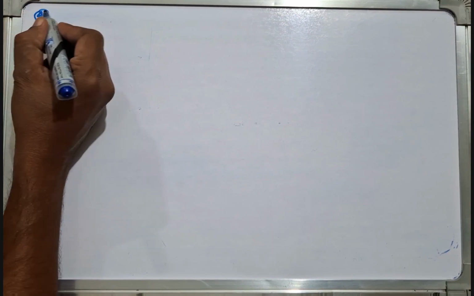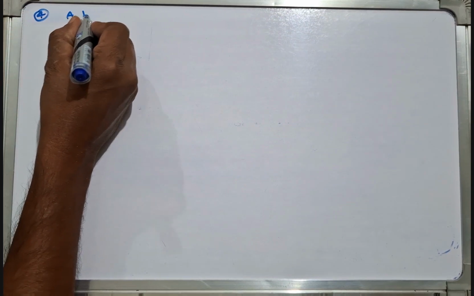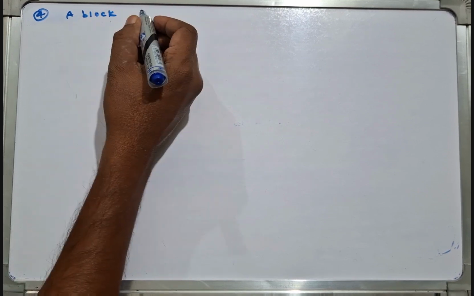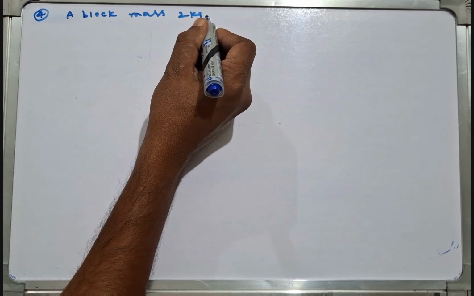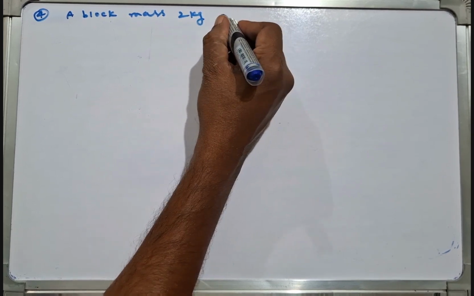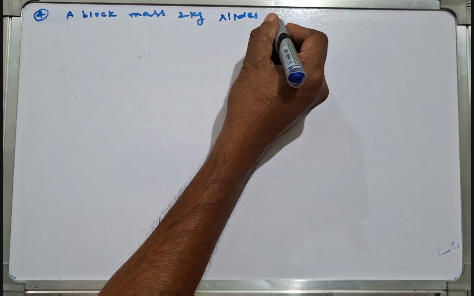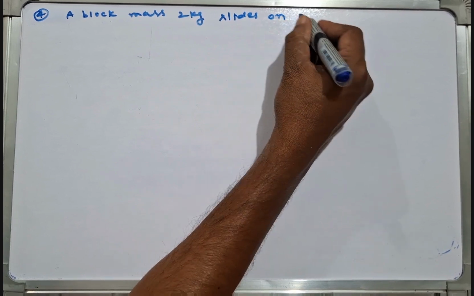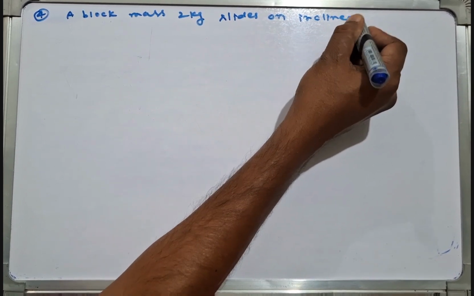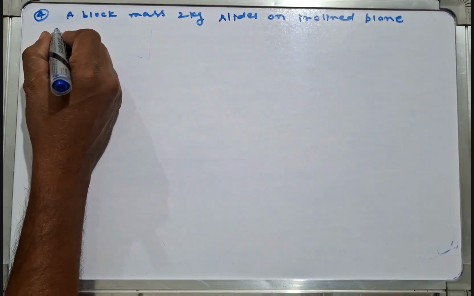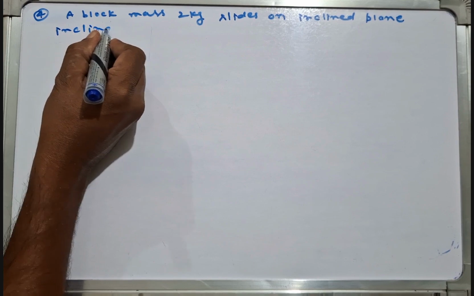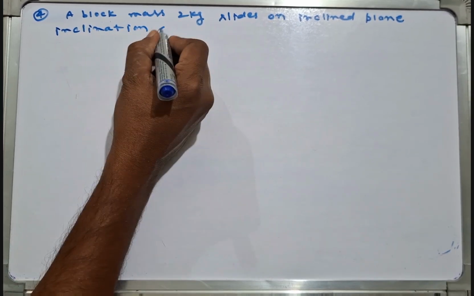Question number 4, guys. A block of mass 2 kg slides on an inclined plane of inclination 60°.